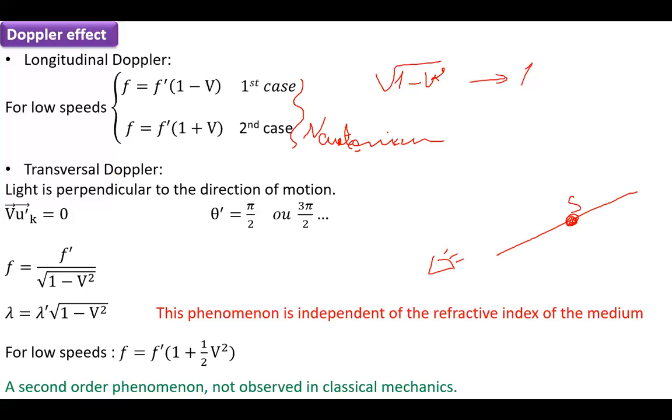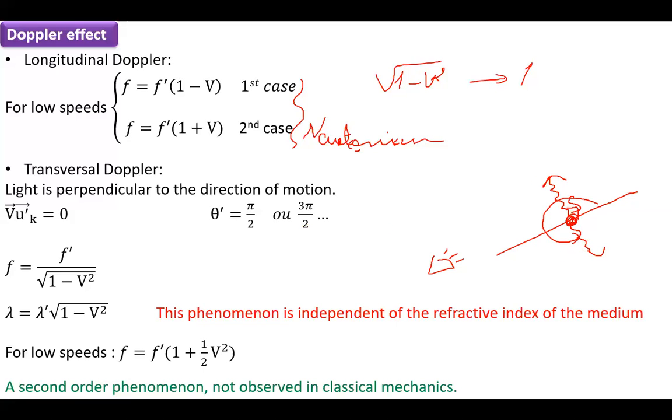Now your source of light is emitting light perpendicularly to the direction of motion, in this direction or in this direction. It doesn't depend if it is receding or approaching with a speed v. It emits light perpendicularly, at an angle of pi over 2 or 3 pi over 2.